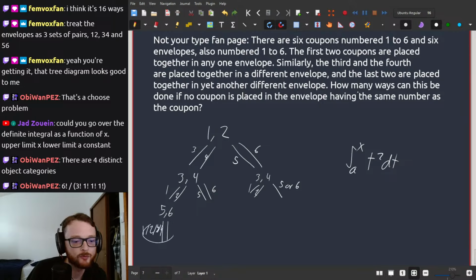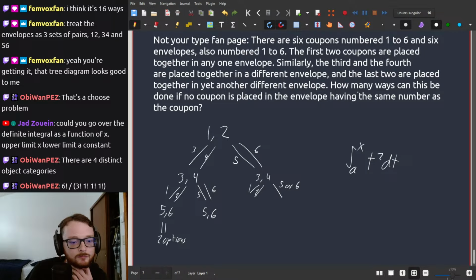They only have 2 options here, so making those 2 lines, I guess. Guess they have 3 options.